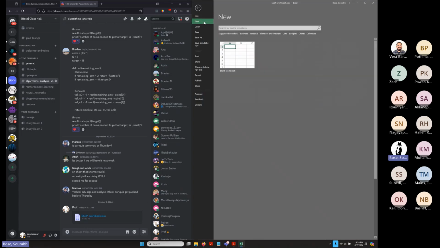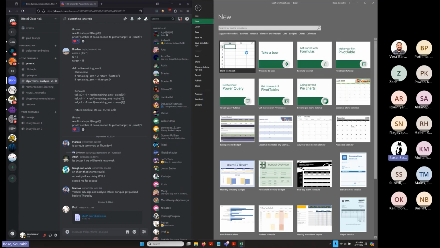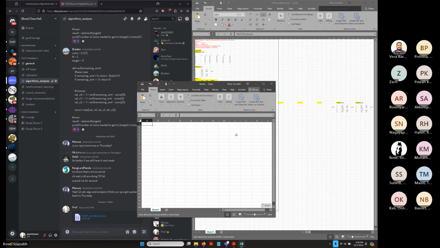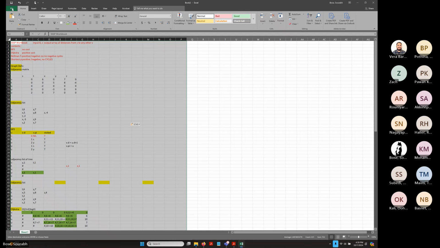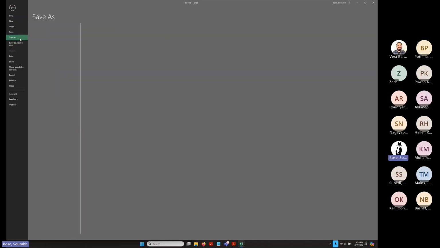File, new sample, paste. Yeah, file, save as.